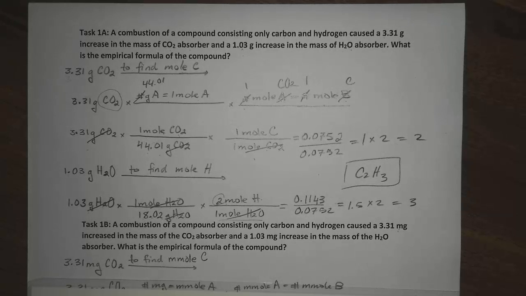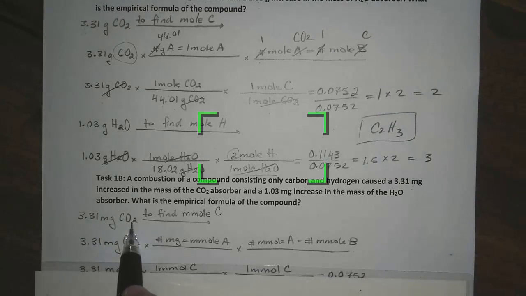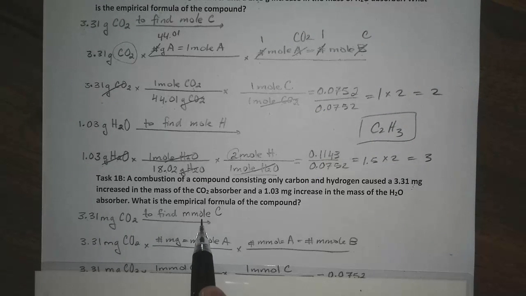So it doesn't matter if it's in the unit moles or milli or kilomole, as long as they are consistently in the same unit. So if I keep the prefix milli, I would apply this to all of the conversion factors in the stoichiometry. So for example, I have 3.31 milligrams of carbon dioxide. I will convert to millimole.